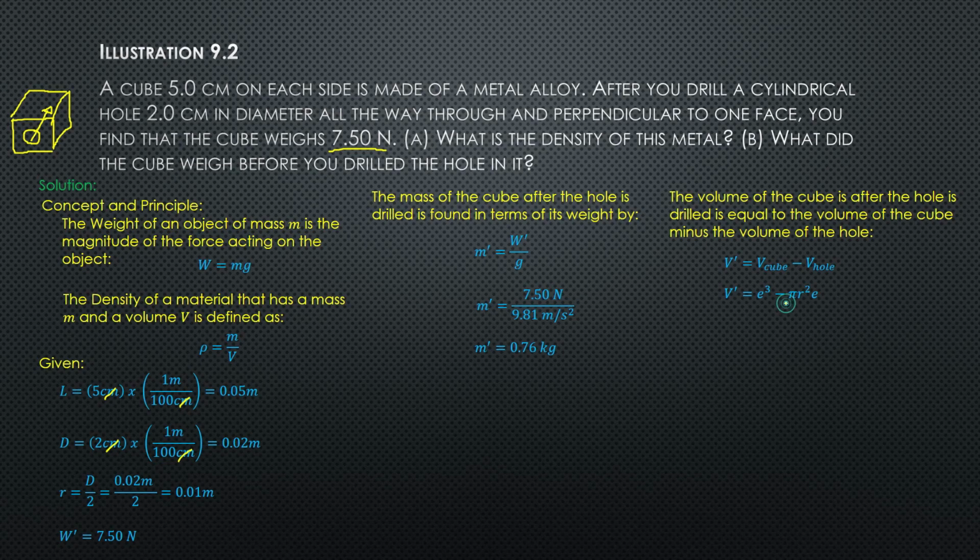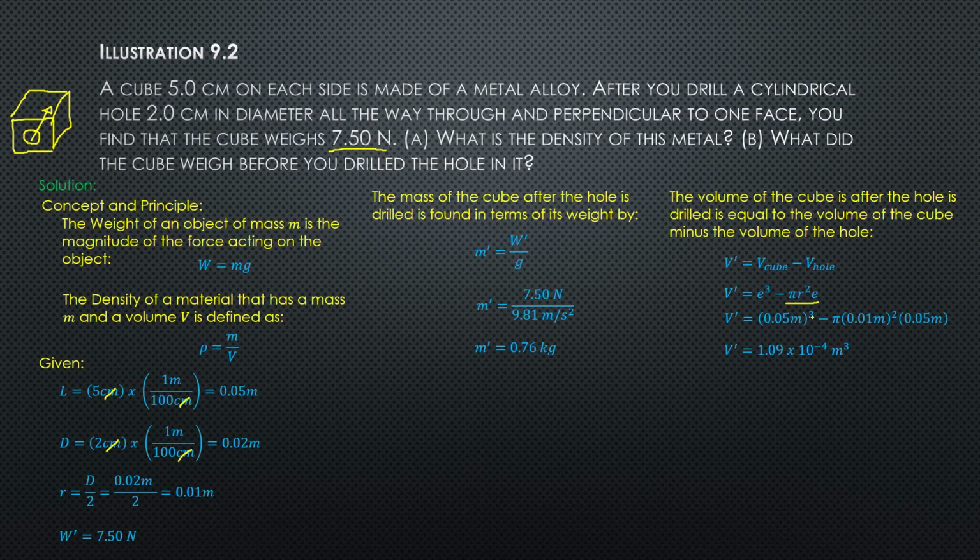So what does this formula give? Volume of the hole. A hole is in the shape of a cylinder, so that is pi r squared multiplied by height or length.